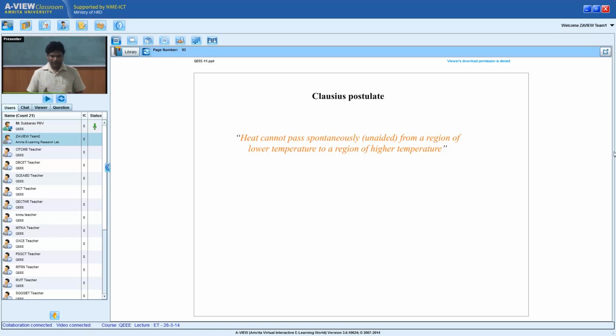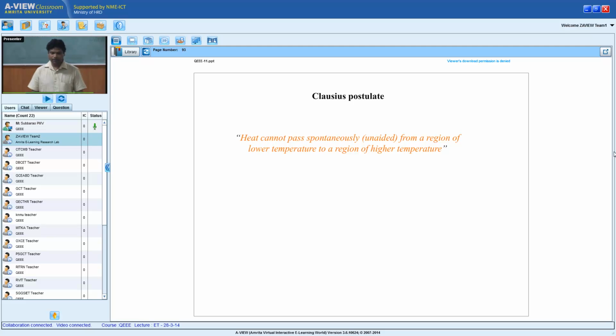Maybe I'm telling it for fun, but I'm very serious that a technology not developed at the right time leads to a massive social impact. You believe me or not? Okay. So finally, let us study the Clausius postulate. These are called postulates because nobody can prove them.